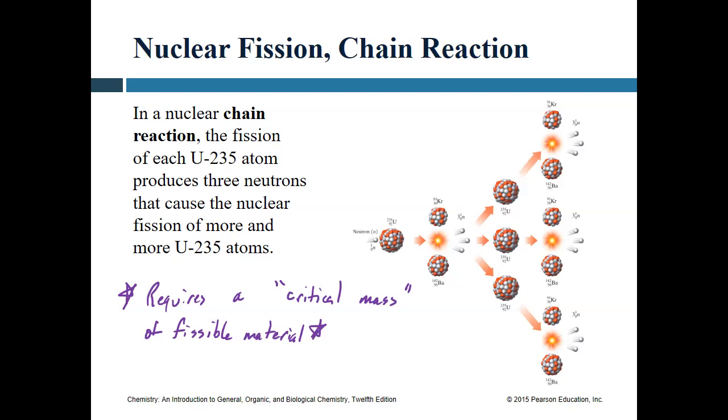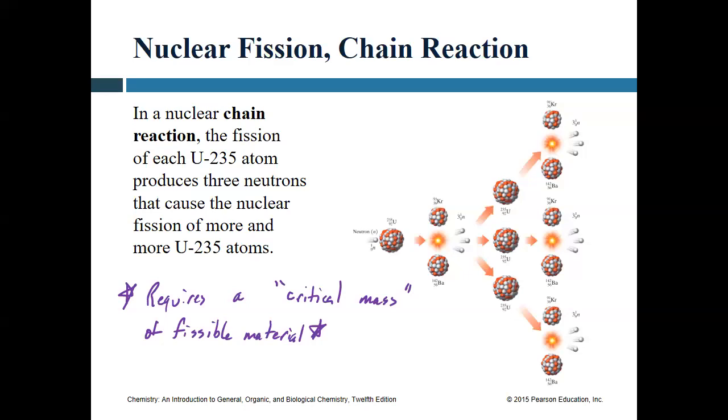If we are below the threshold of a critical mass, then yes, one reaction can beget another one, but it is kind of controllable. It doesn't go out of control crazy and generate more energy than we can harness.